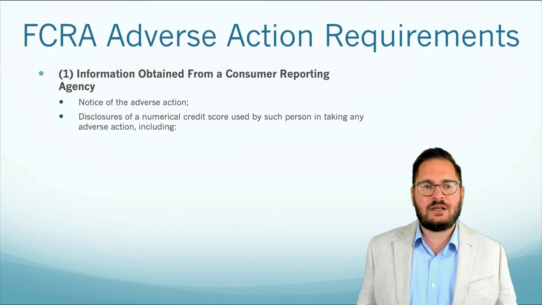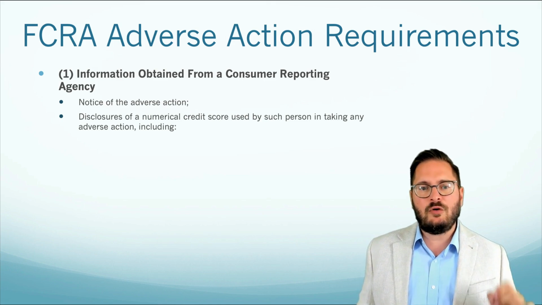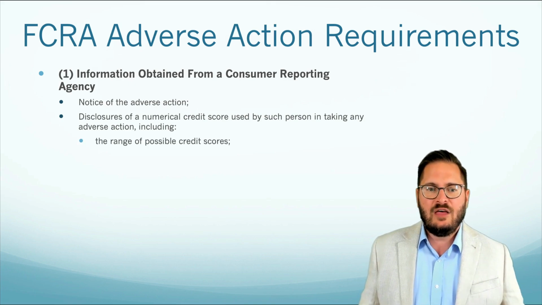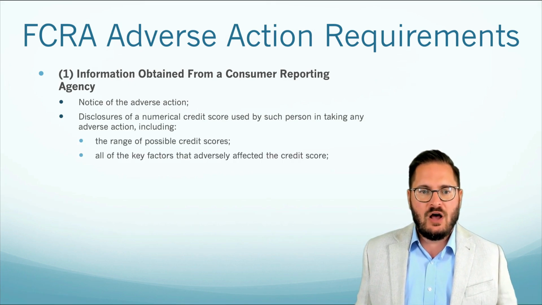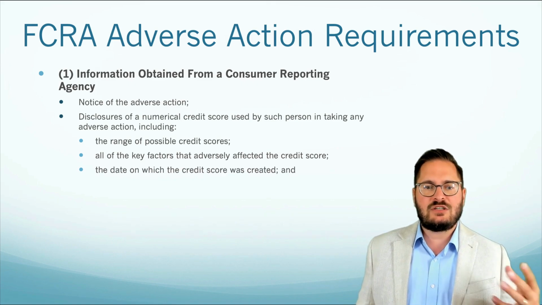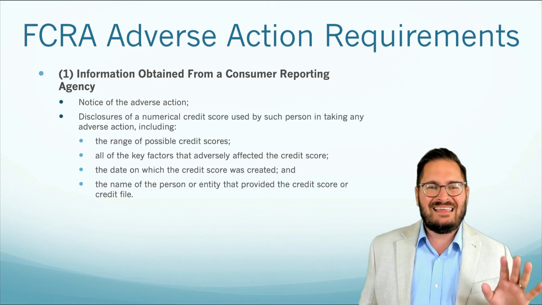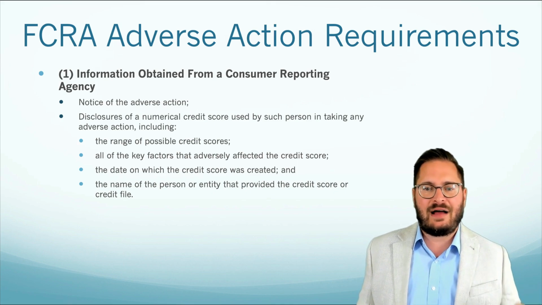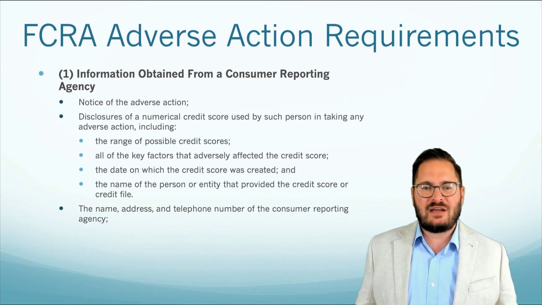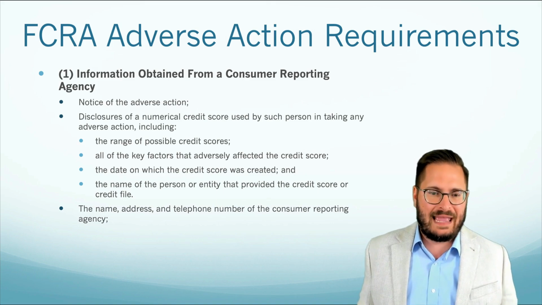The notice must also include disclosures of a numerical credit score used by such person in taking any adverse action, including the range of possible credit scores, all the key factors that adversely affected the credit score, the date on which the credit score was created, and the name of the person or entity that provided the credit score or credit file. You also must provide the name, address, and telephone number of the consumer reporting agency.